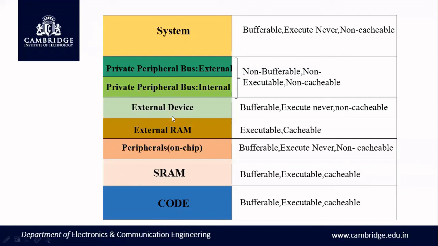So in this video, we have studied the different regions of the Cortex-M3 processors and the memory size assigned for each one of them, with the addresses assigned for each of these memory regions, what are the default access permissions, as well as the memory attributes. Thank you.